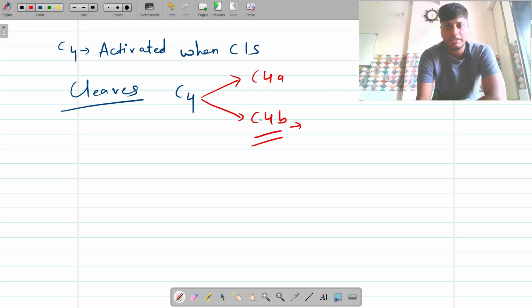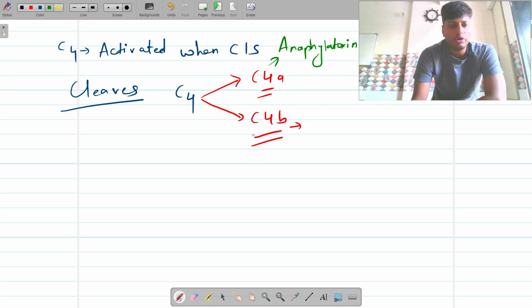Now next what happens is, as soon as the C4 molecule is broken down into C4a and C4b, you need to remember that C4a majorly plays a very important role as an anaphylatoxin. And anaphylatoxin means it helps in causing inflammation at a particular site.